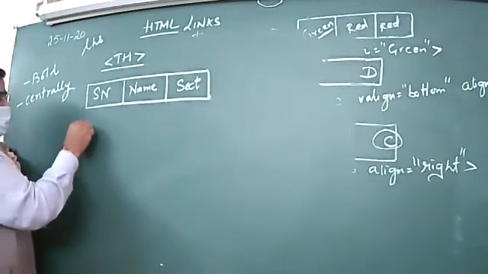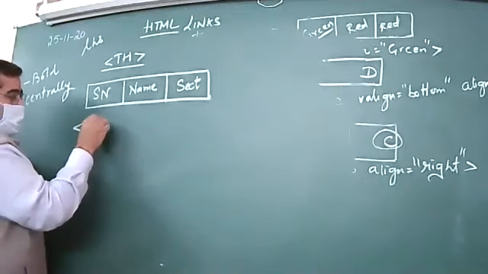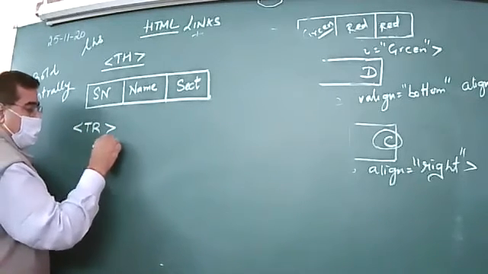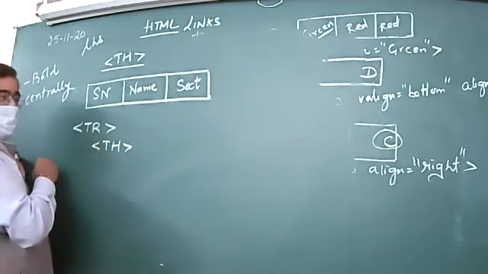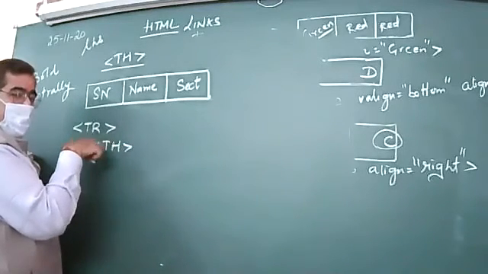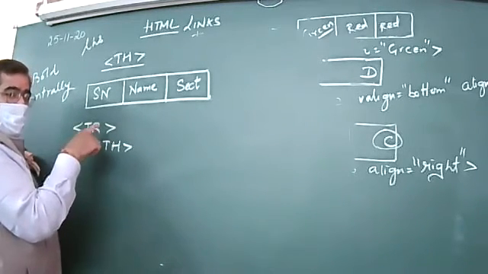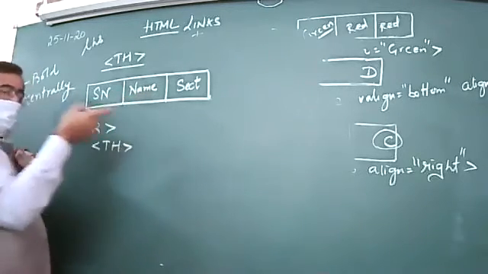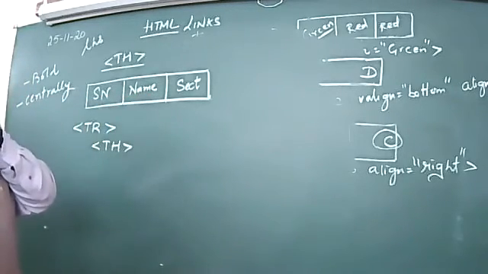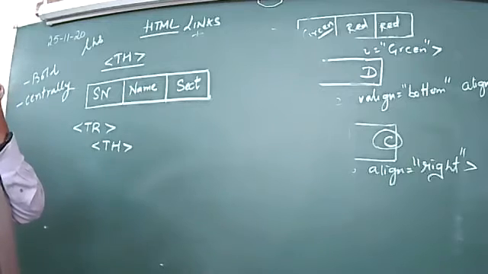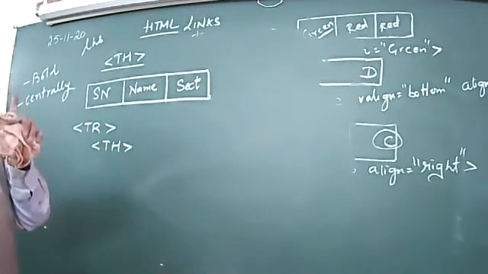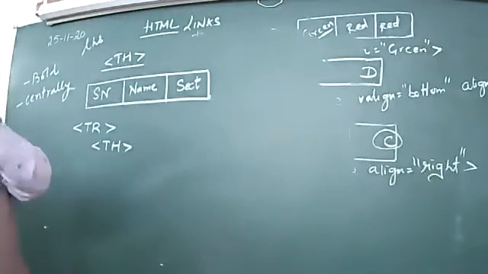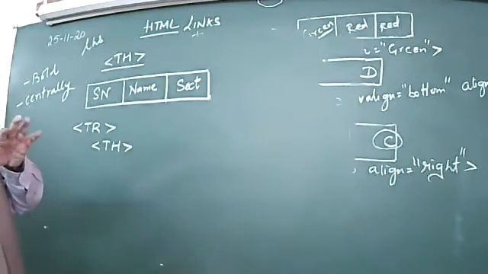So whenever you are creating the header row, take TR. Now you will not take the TD tag, you will take the TH tag. No need to take the align attribute in that particular case, where your header row is already having the data in the center. But if your header row is having data on the right, then for sure you will be taking the align attribute.